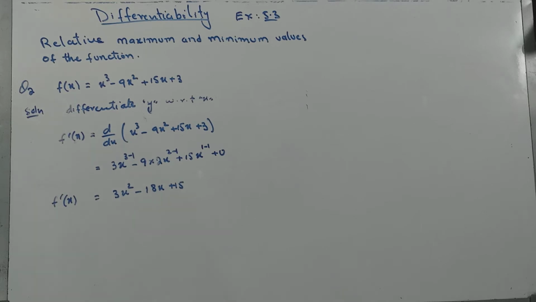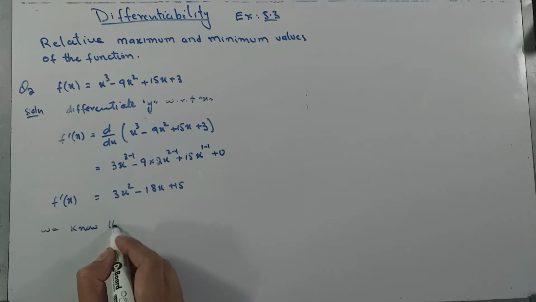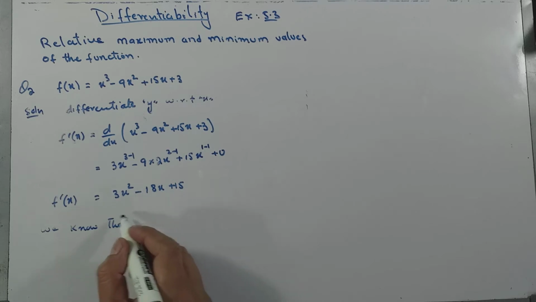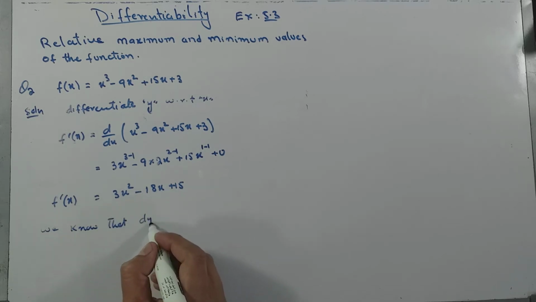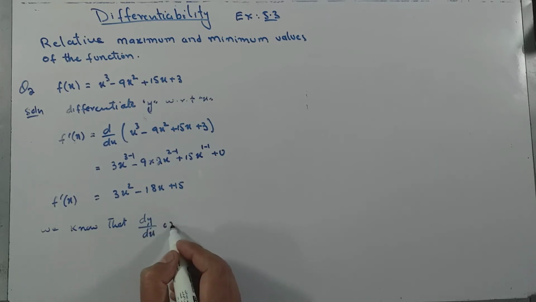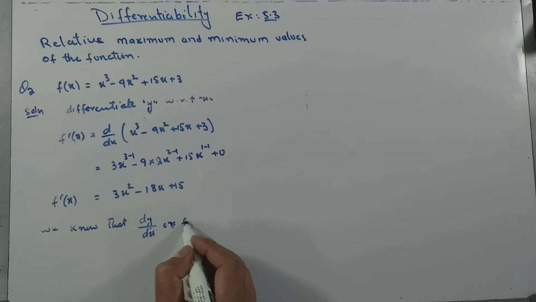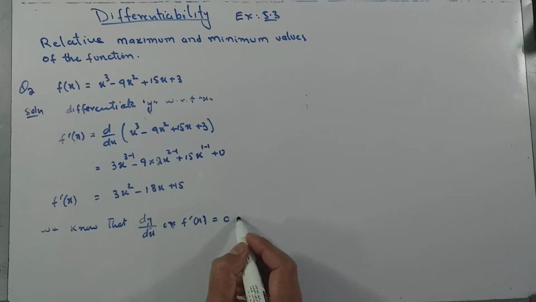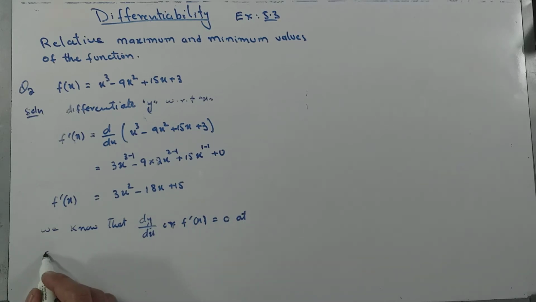Okay. Now we know that dy over dx, or f derivative of x, is equal to 0 at stationary points.